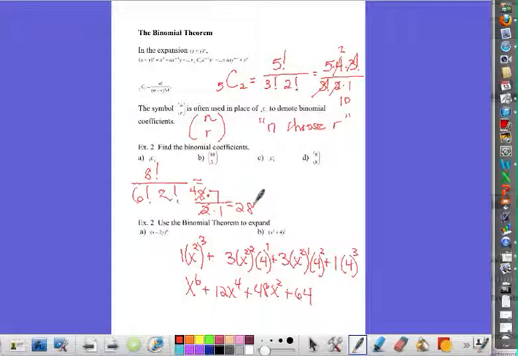Now letter B, this is just a different notation for the same thing. This is saying that I have 10 choose 3. So it's 10 factorial over 7 factorial times 3 factorial.